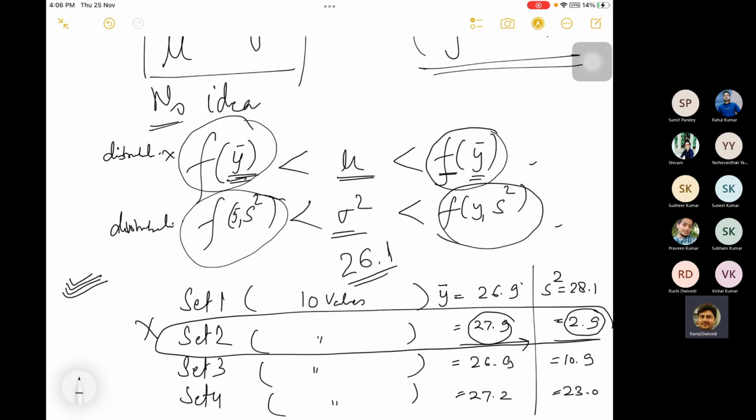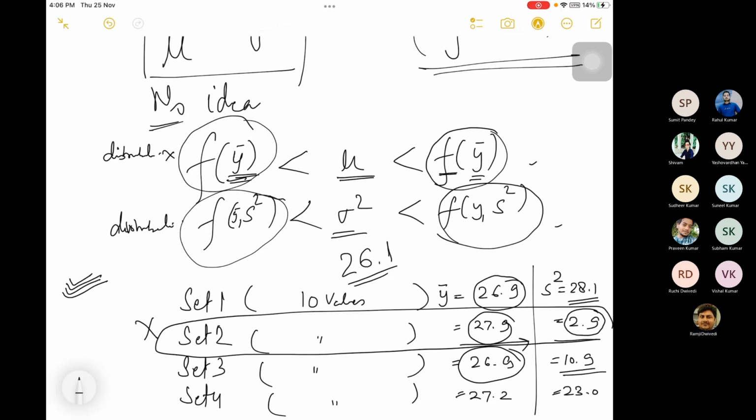The best representative would be the 26.9 cases, but their variances are very high. So this example suggests that we should not be biased towards sample variances in deciding the representativeness of a particular sample.